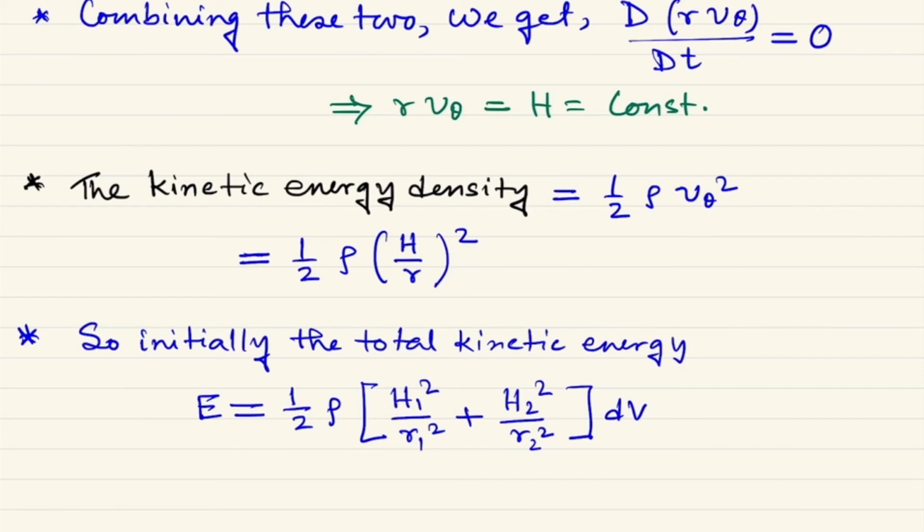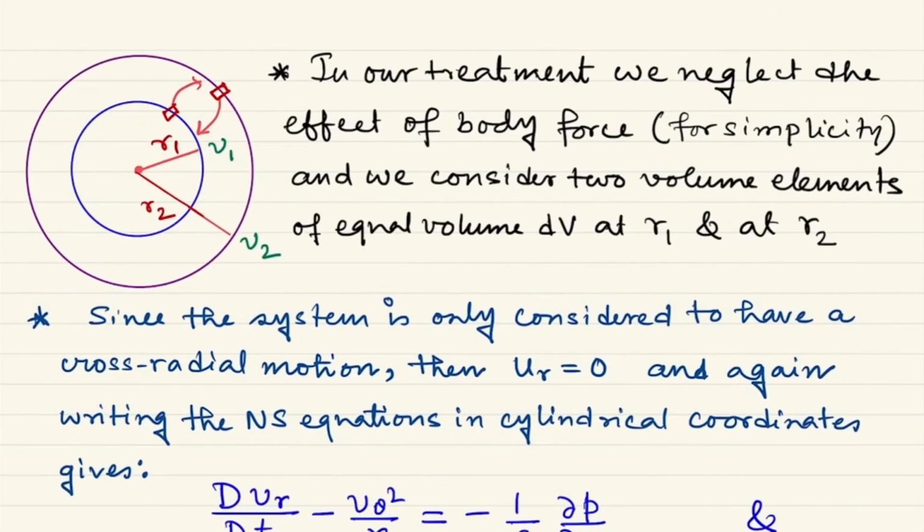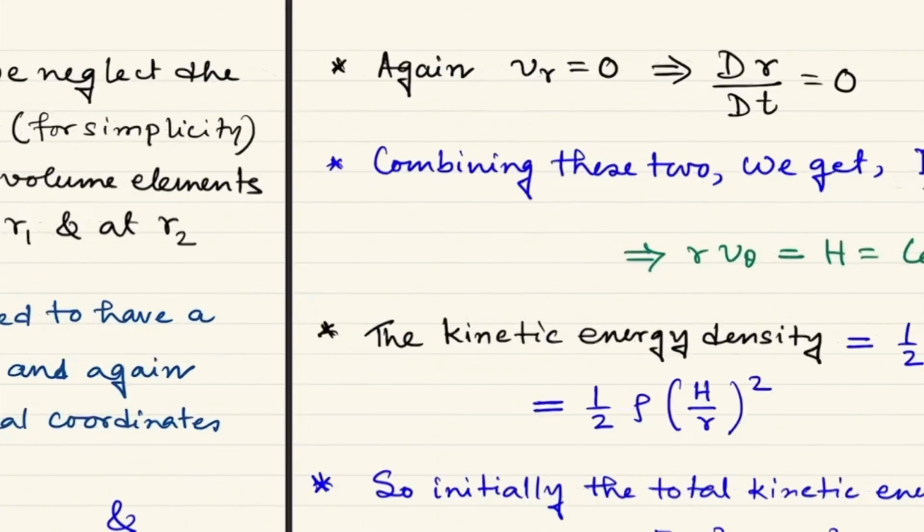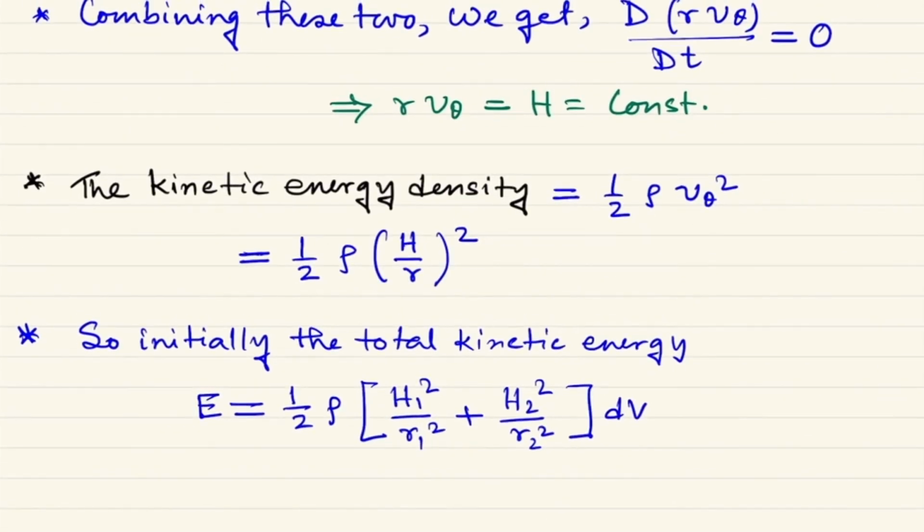Now suppose we concentrate on two fluid elements, one here and one there. Before any change, we calculate the total kinetic energy of those two fluid elements, and it is half rho times h1 squared by r1 squared times their volume dv, plus half rho times h2 squared by r2 squared times dv.